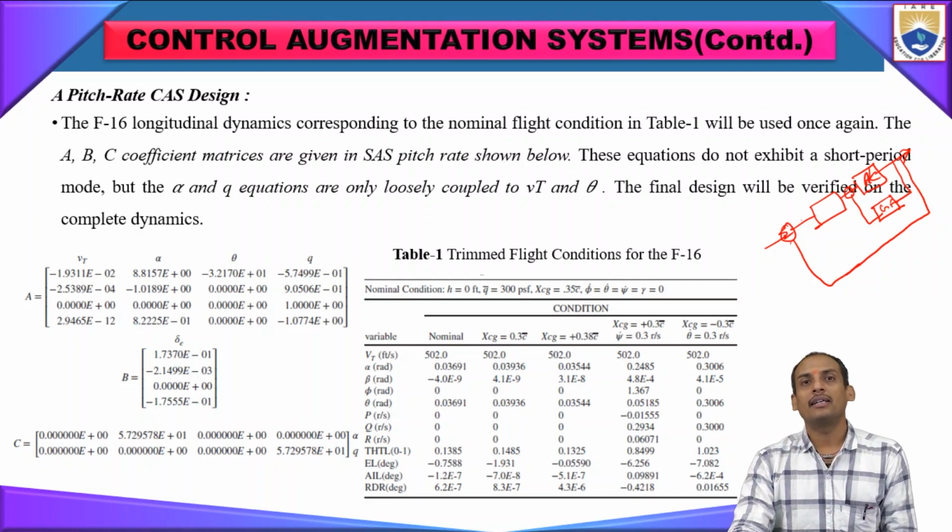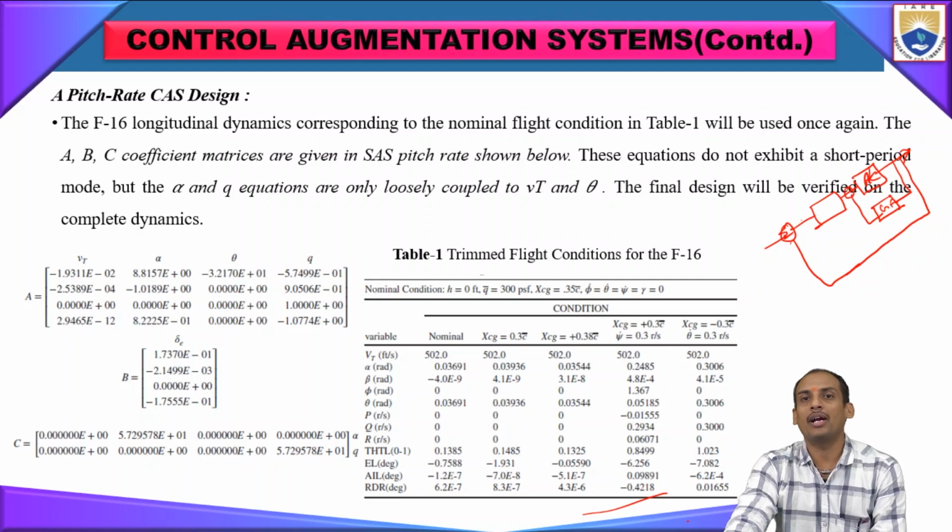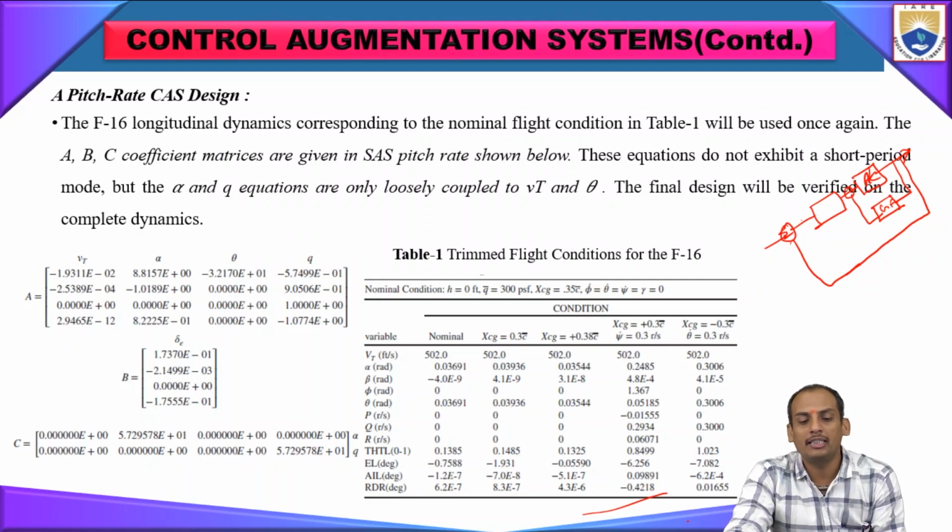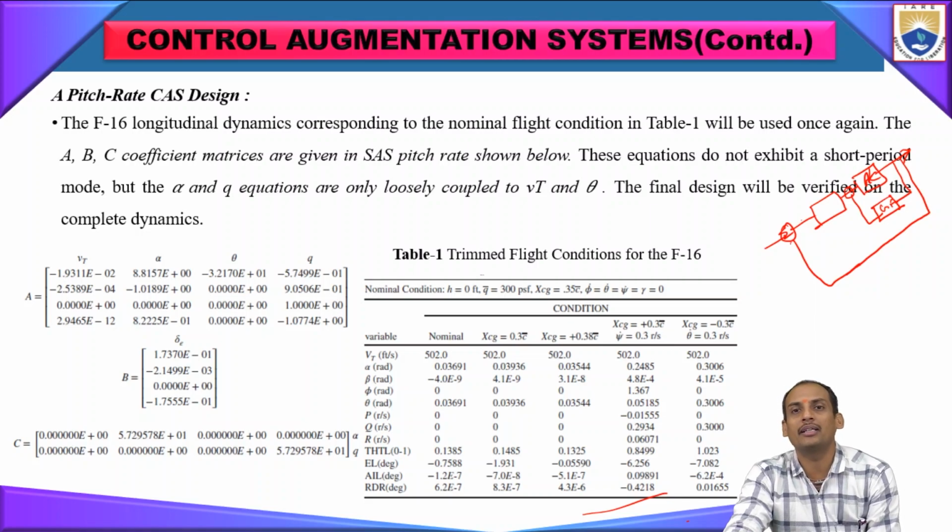If you see the F-16 model, the table of contents gives the trimmed flight conditions for F-16. Here we got different values for VT, that is velocity, and angle of attack alpha, beta will be the roll angle, phi will be the yawing angle, and theta will be the elevator angle.